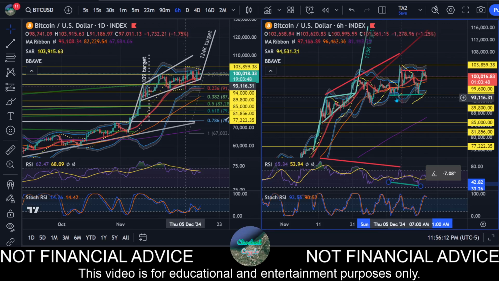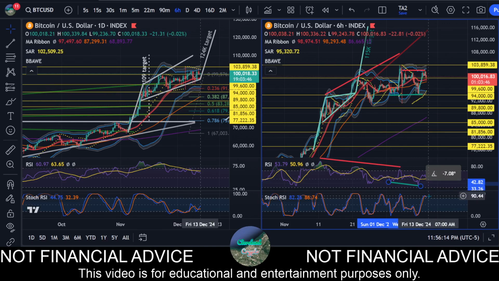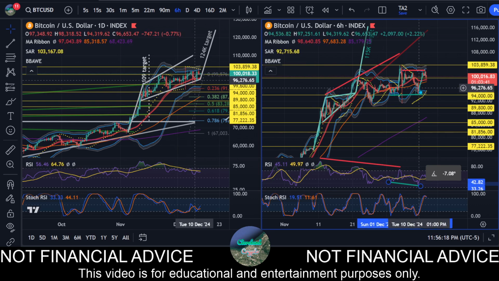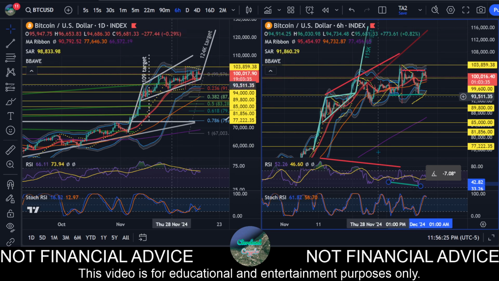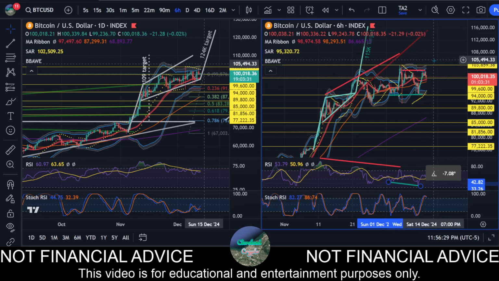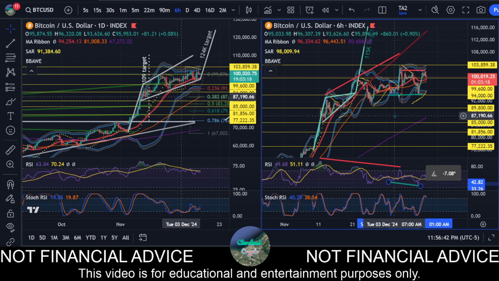We don't count the wick. So if this bullish div is taking control, then this bearish div might not hit quite so hard, and we might not see a breakdown quite as far if the bears do take control.